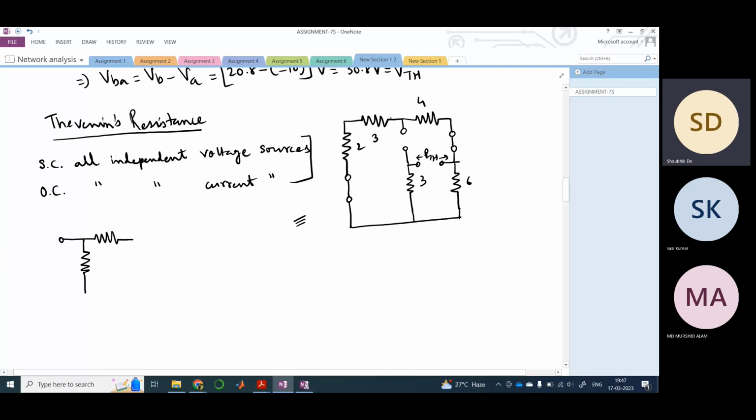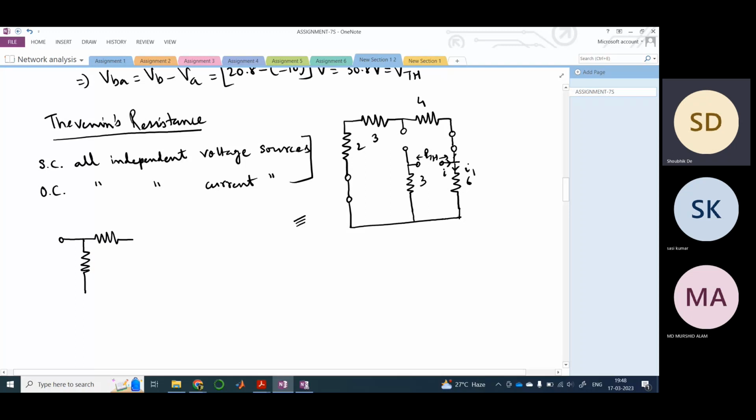Now with that we have these two, right? If you consider a current here, you see that this current gets divided here.